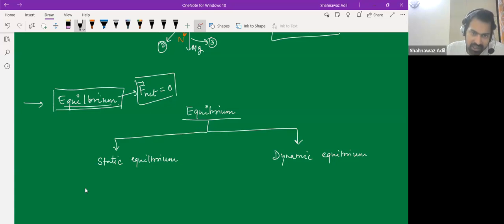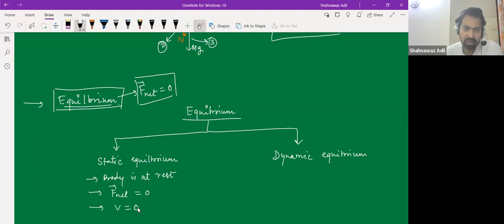For the static equilibrium, the body is at rest, and the net force, as you already know, is zero, and the velocity is also zero, because it is at rest.